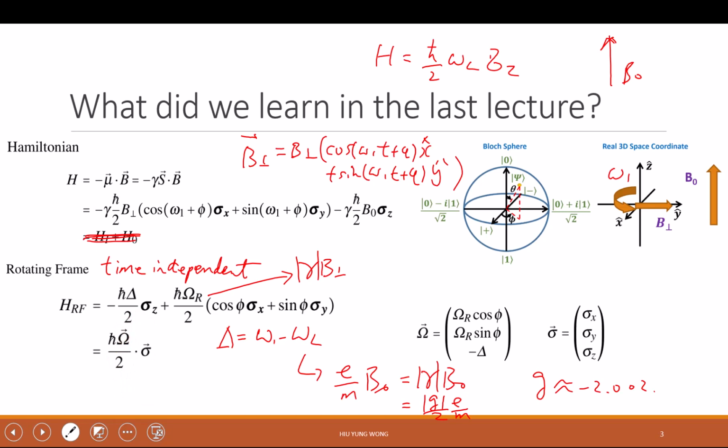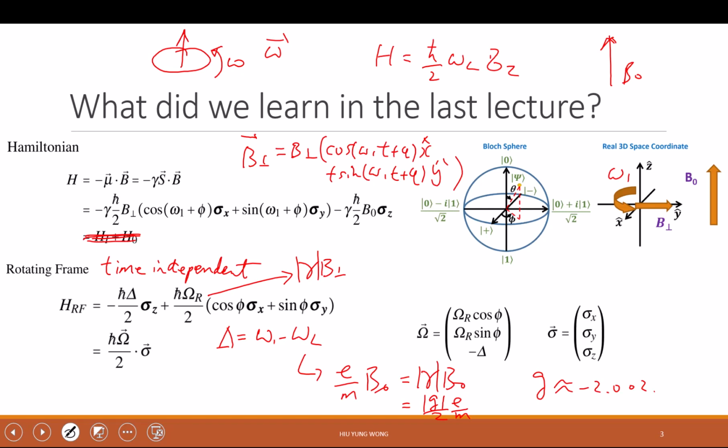Now, angular frequency can be a vector because it has direction. For example, if you have a plate that is rotating with omega, and this is the axis, then it has an angular frequency, which is a vector.